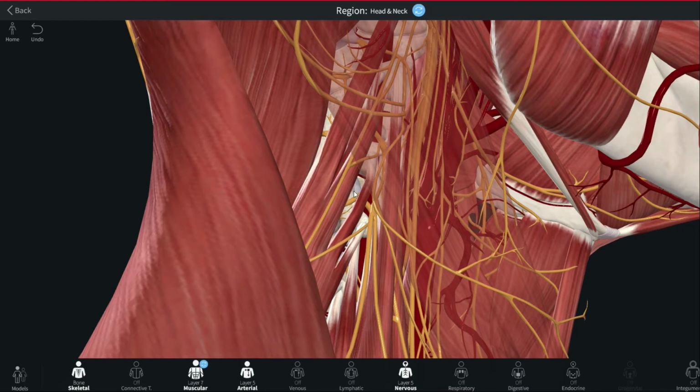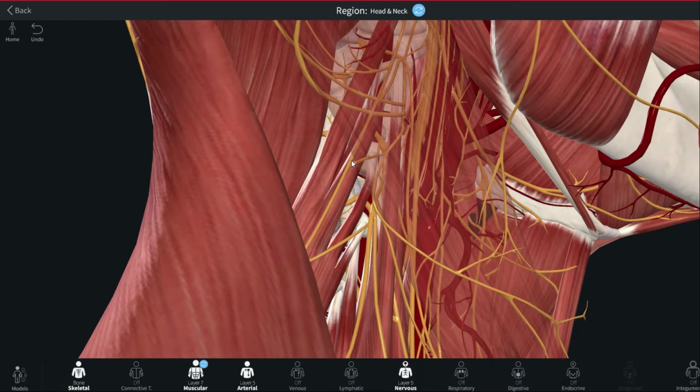The spinal accessory nerve is essentially adherent to the deeper aspect of the roof of the posterior triangle.